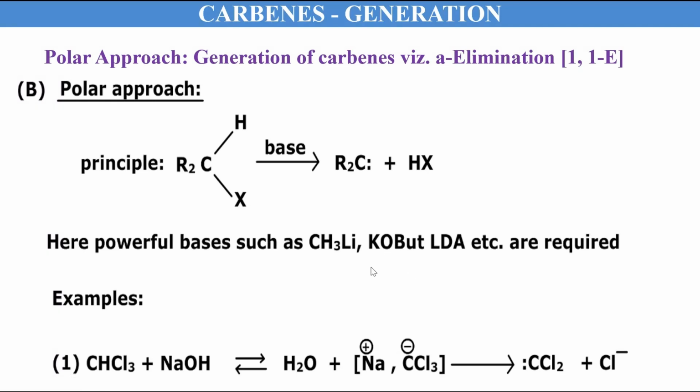If the carbon in this is acidic enough to lose a proton, then weaker bases like sodium hydroxide can be used. CHCl3, when I treat it with a base, Na+ OH-: this carbon-hydrogen bond is weak because it is flanked by three electron-withdrawing groups, which withdraw electrons from the carbon and render this carbon electron deficient.